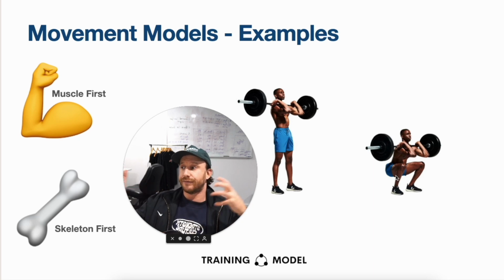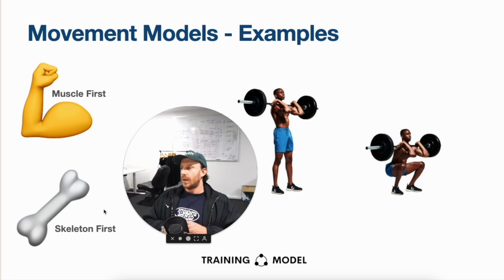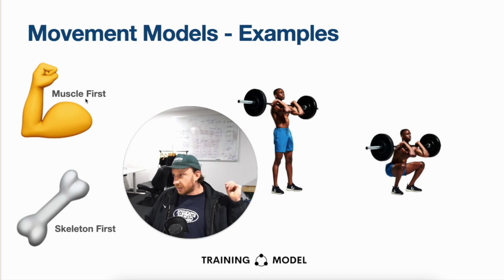Those are two different advantages for the same thing. My bias is definitely going to be this skeleton first model, especially when I think about coaching progression and all of that sort of thing. If you don't understand this, the muscle first model very quickly creates problems.